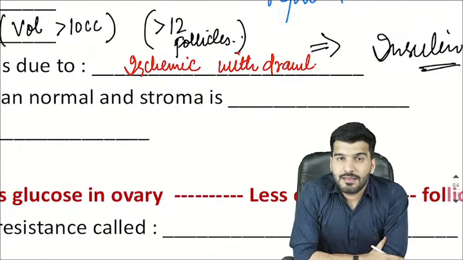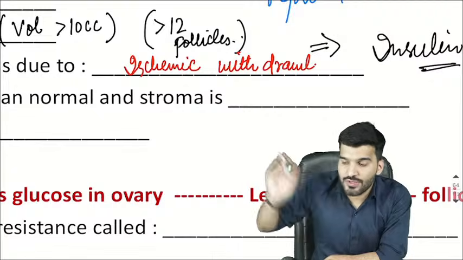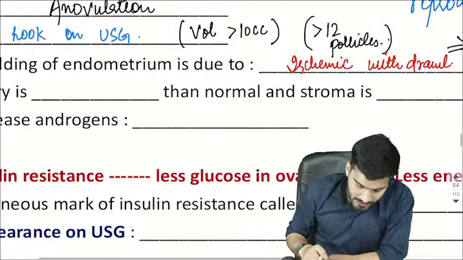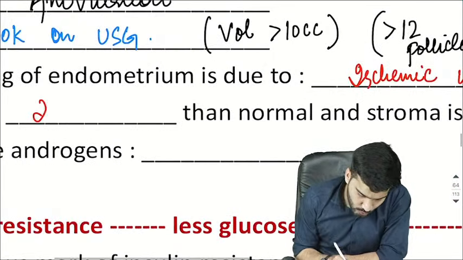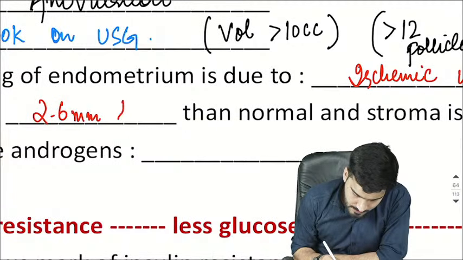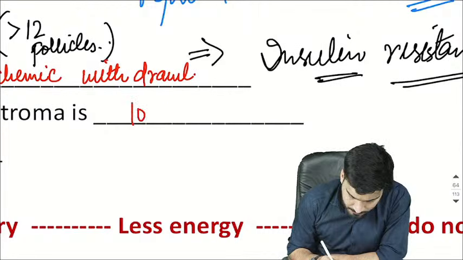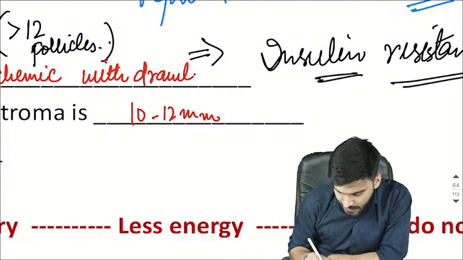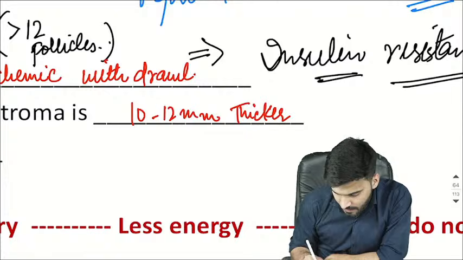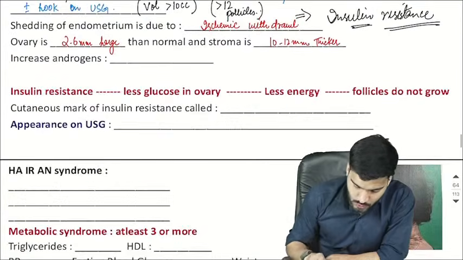There is ischemic withdrawal because of the hyperestrogenic state. Clear to that? And the ovaries are 2 to 6 mm larger than normal, and the stroma is 10 to 12 mm thicker.